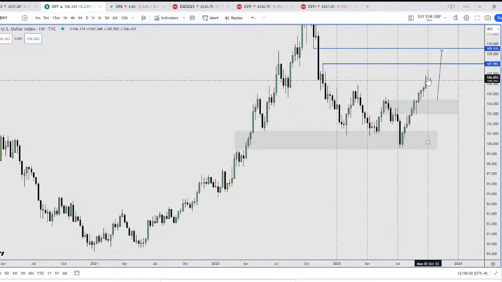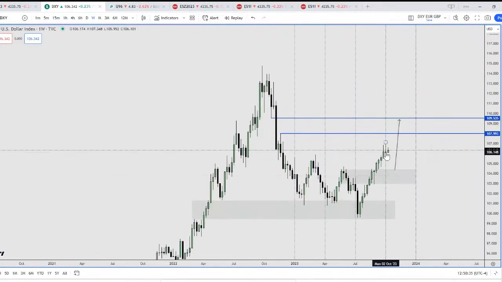So I think during that retracement, it's gonna allow the indices to run higher. Okay, that is what I'm anticipating, and after which it might start to consolidate around this area before the next run higher.